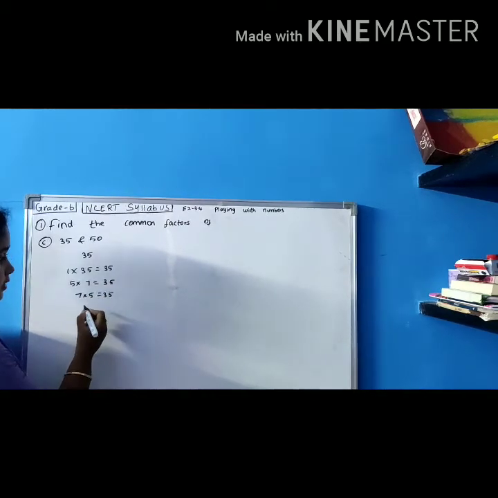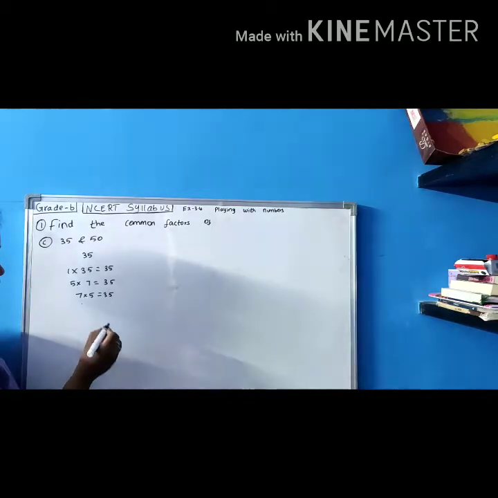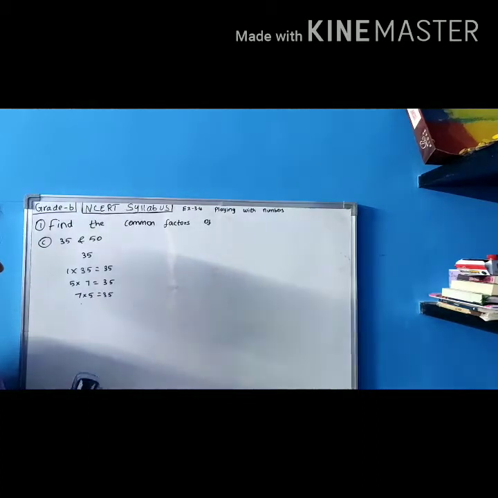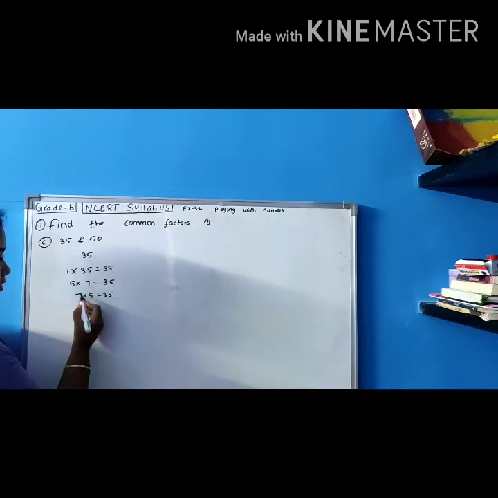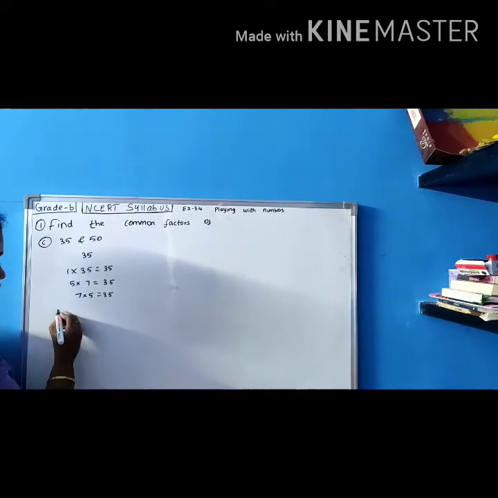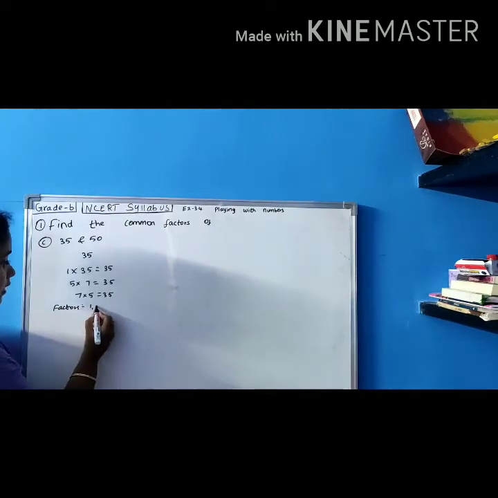It comes in the 7 table also. Then the 10 table will not come because it does not end in 0. Okay. So that's all. Mostly 5 into 7, 7 into 5. Like this, if it comes, it is completed. Factors are 1, 5, 7 and 35.